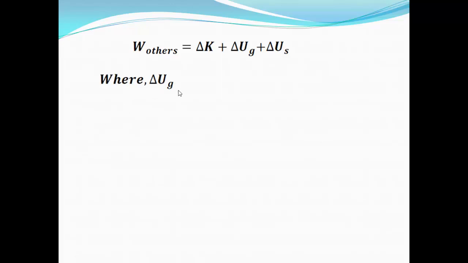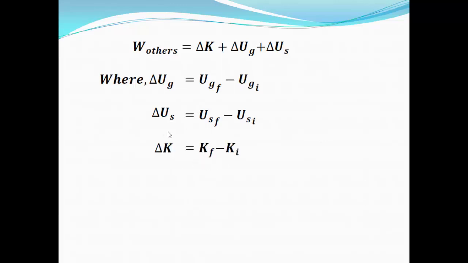Mathematically, delta U_g is the final gravitational potential energy minus the initial. Delta U_s, the change in spring elastic potential energy, is the final value of spring potential energy minus the initial value, and change in kinetic energy is the final kinetic energy minus the initial kinetic energy.